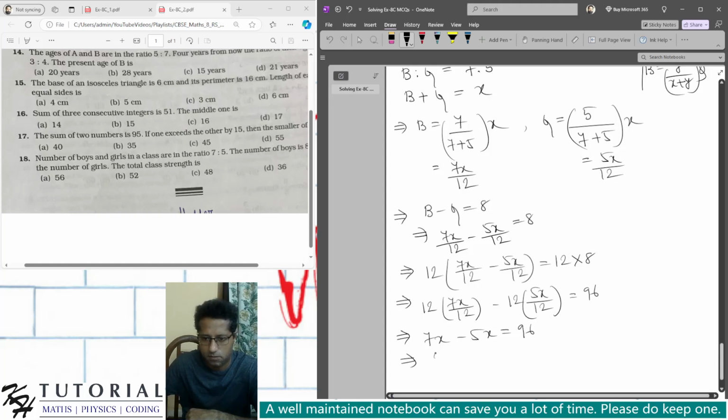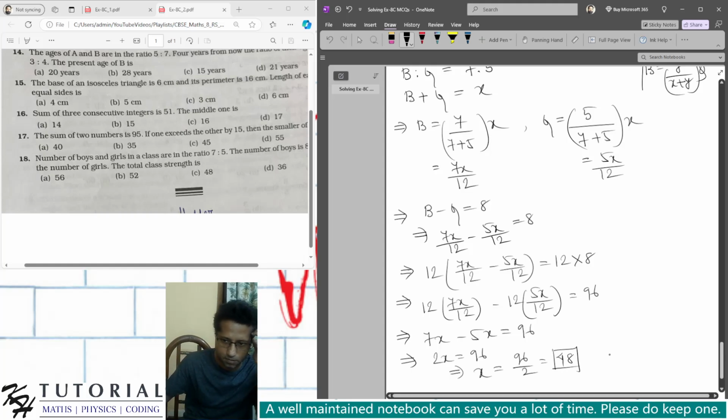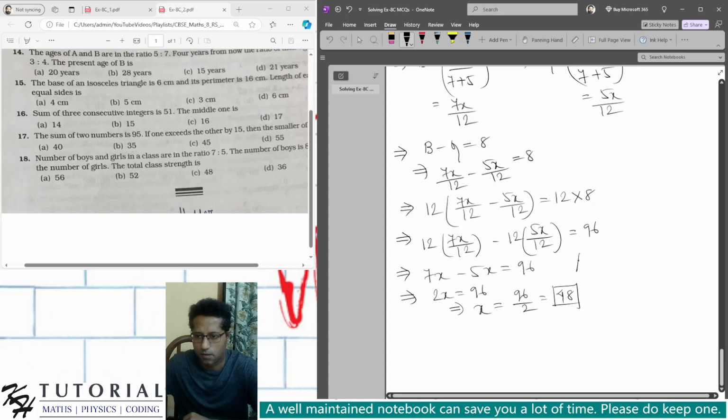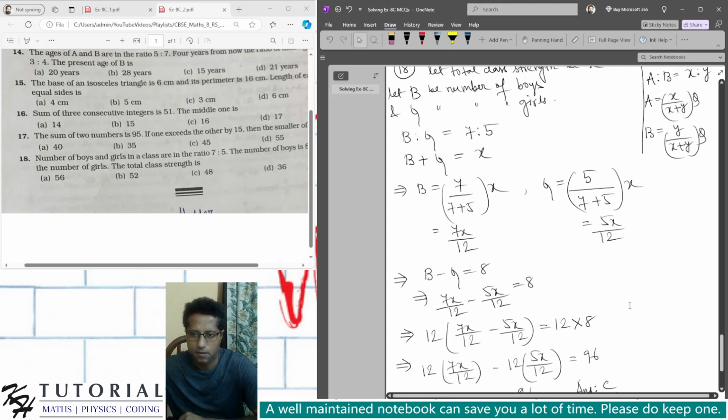This implies twice x is equal to 96. This implies x is equal to 96 by 2, that is 48. So 48 is the total class strength, since we have assumed x to be the total class strength, and hence the correct choice is C.